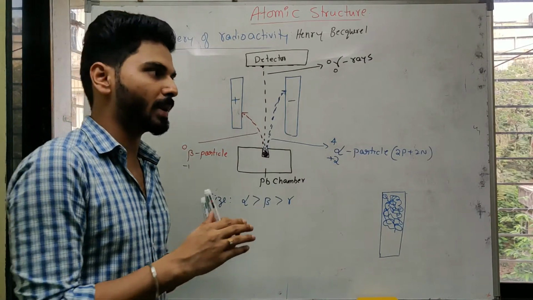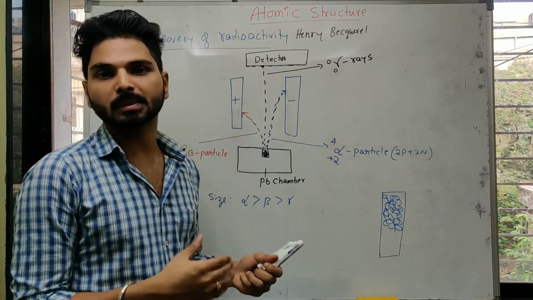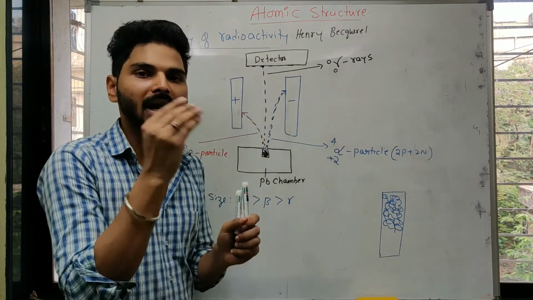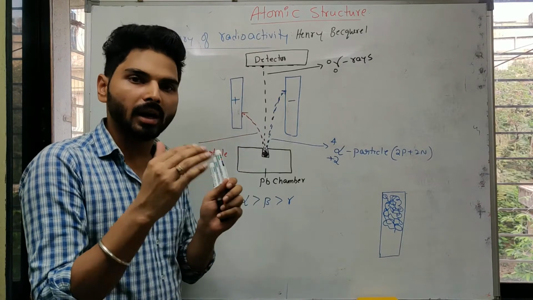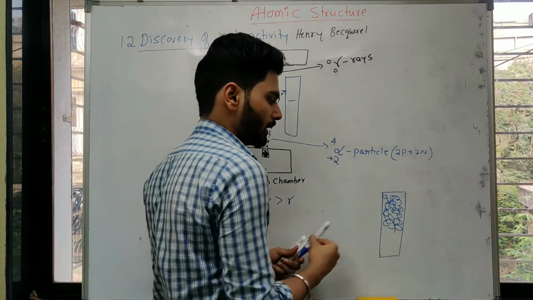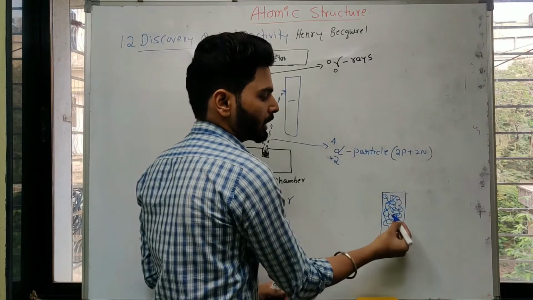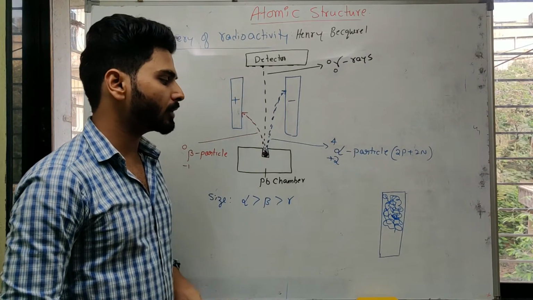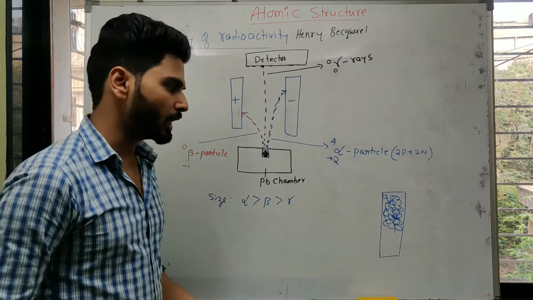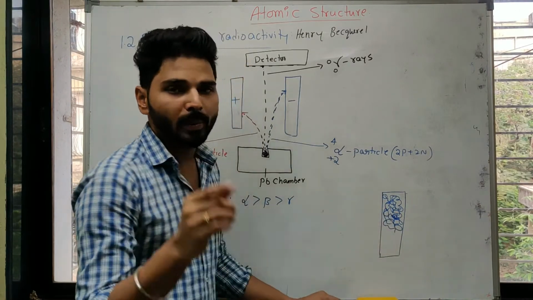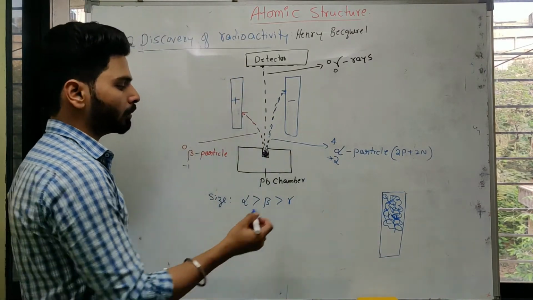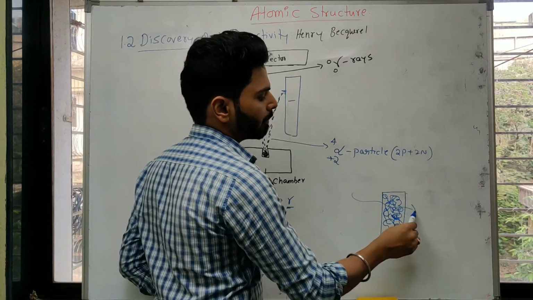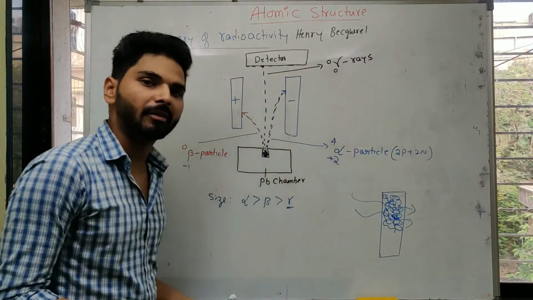Some substances have bigger empty spaces and some have smaller. If you use multiple sheets, that space gets reduced further, because one sheet may hide the space in another. So any material will have intermolecular spaces. Being the smallest, gamma rays penetrate through almost every material.